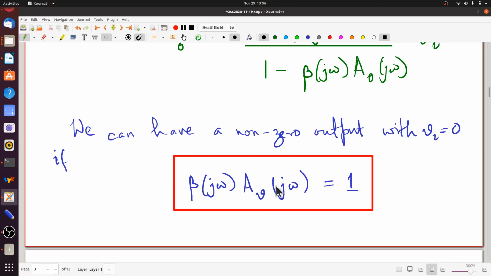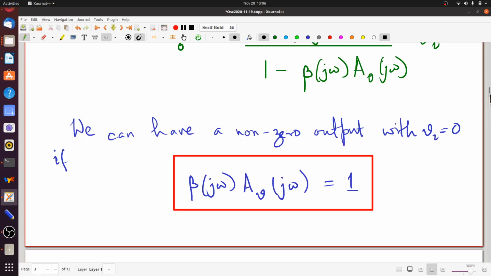Of course, this depends on frequency, and because this is usually satisfied only for one frequency, this is how the frequency selection part of the circuit works. Typically, the frequency selection part will work because either AV or beta or both of them depend on the frequency, and so this condition is satisfied only for certain frequencies.